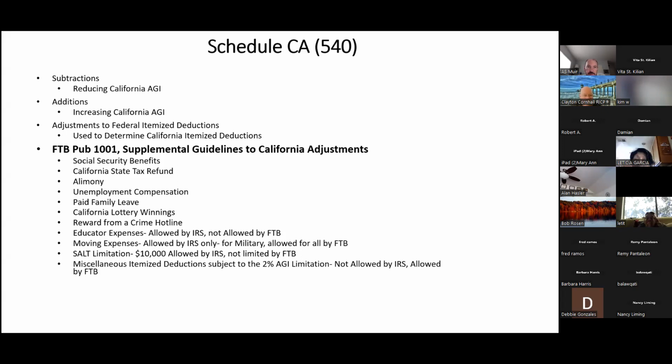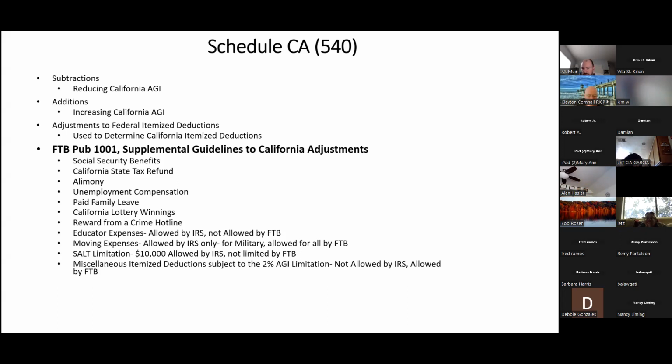Okay, so let's talk about what are called the additions and subtractions on a California return. Sometimes your software is going to do this automatically, but usually with subtractions you're going to have to do it manually. The subtraction is going to be reducing your California AGI.